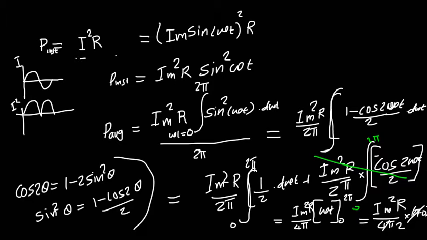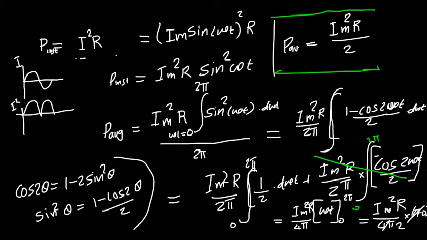Therefore, for a resistor only circuit, P average will be equal to Im square R by 2.